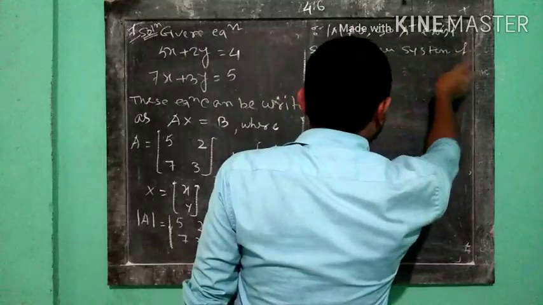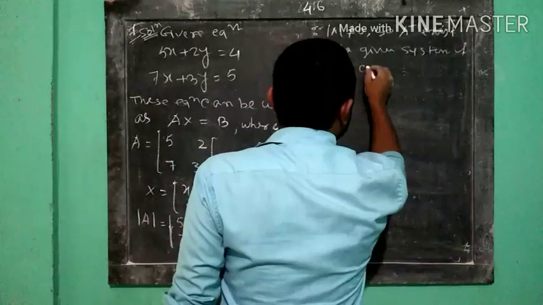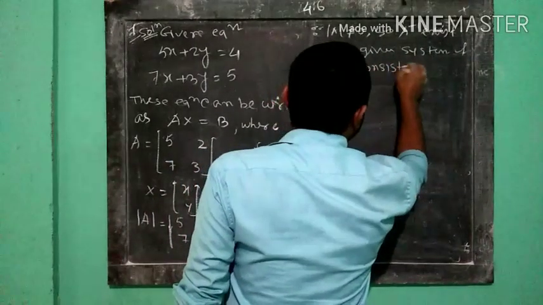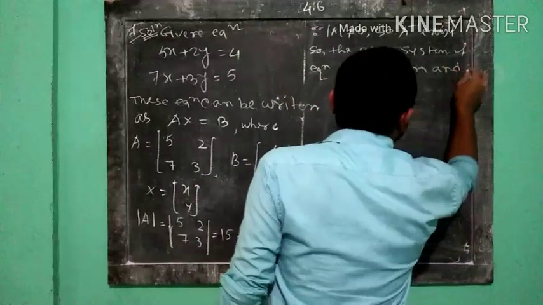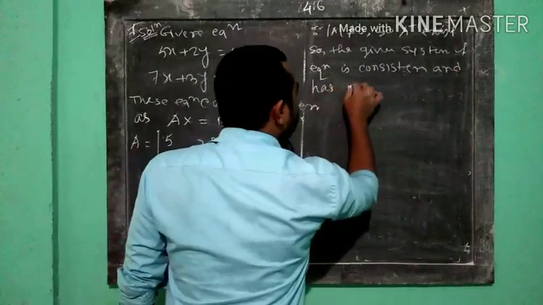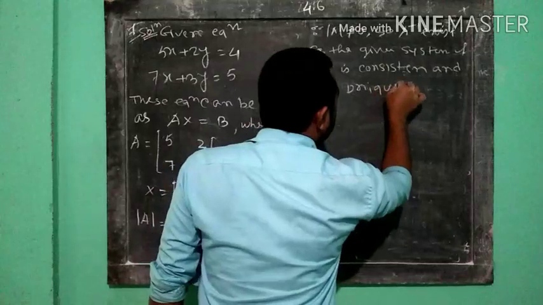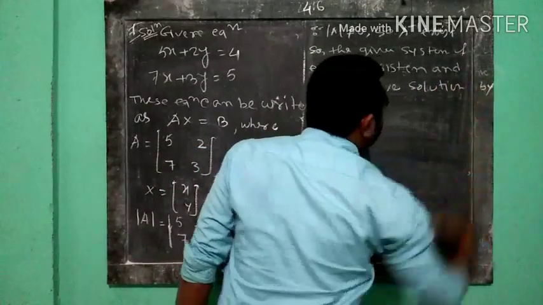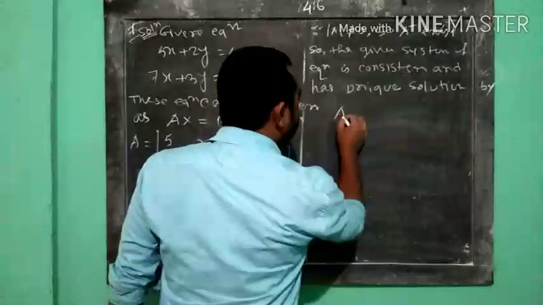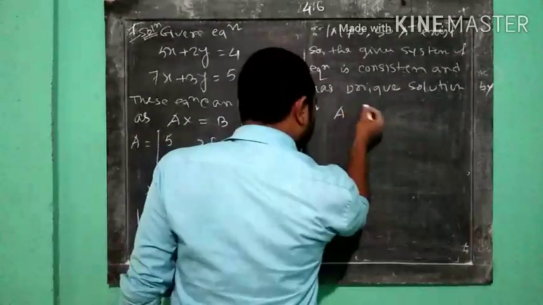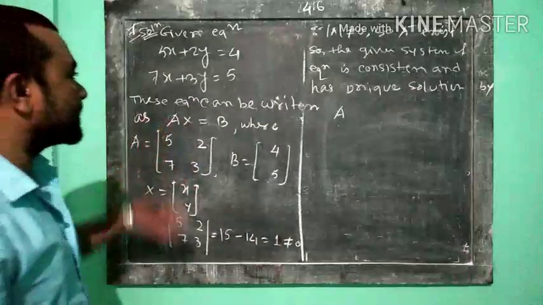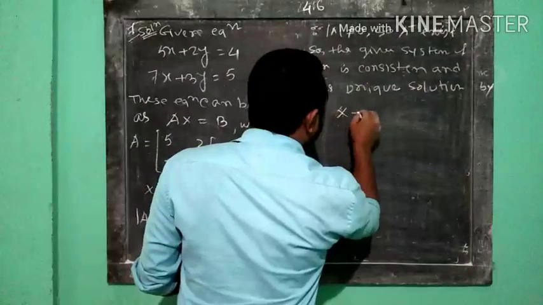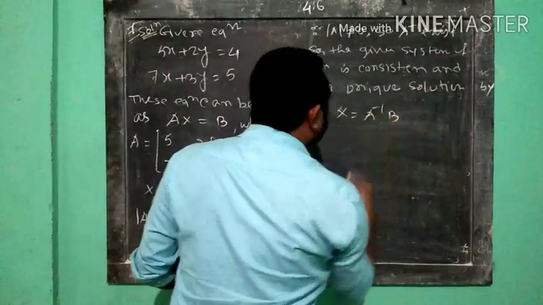So the given system of equations is consistent and has a unique solution by x equal to A inverse of B. How to write this?